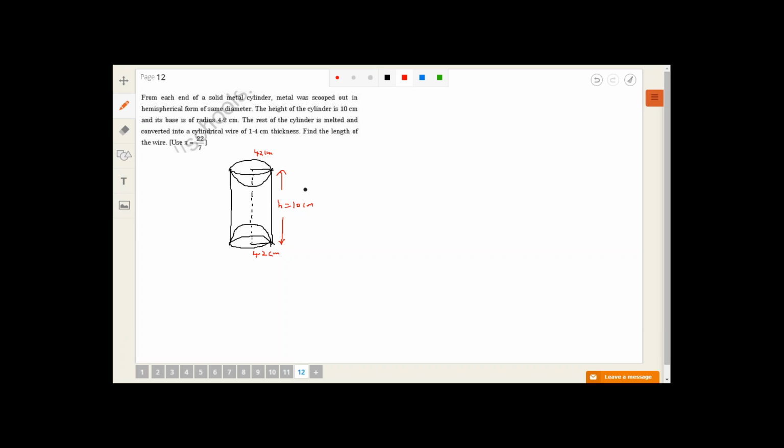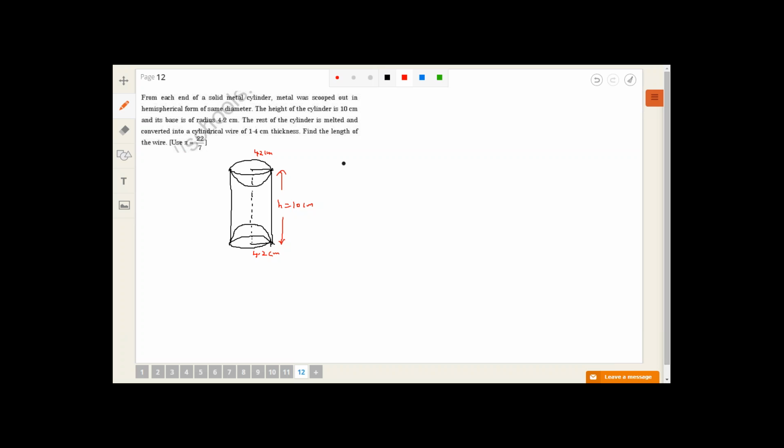Now it says the metal was scooped out in a hemispherical form of same diameter. Now this forms two hemispheres. The rest of the cylinder is melted and converted into a cylindrical wire of 1.4 thickness. Now we need to find the length of the wire.